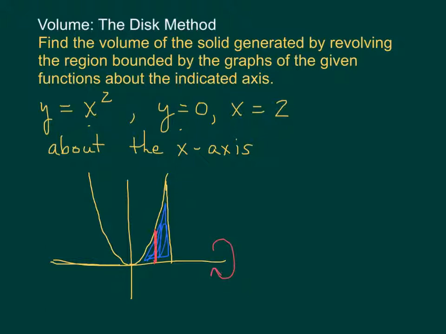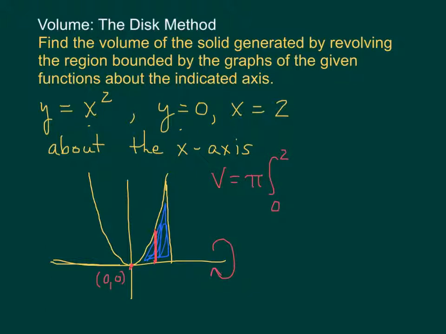So the area of our disk is the same as the area of a circle, and that is pi r squared. So the disk method here, the volume will be pi times the integral, because the integral is our infinite sum, from x equals 0 to x equals 2, because realize that when y is 0 here, x is also 0.